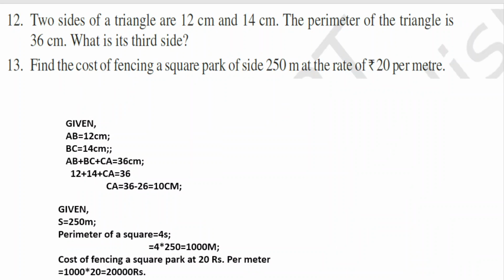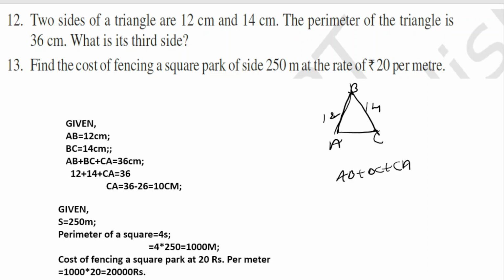And here two sides of a triangle are 12 centimeters and 14 centimeters. Suppose this is a triangle ABC. They have given two sides, 12 centimeters and 14 centimeters, and the perimeter was also given. So the perimeter is nothing but AB plus BC plus CA.